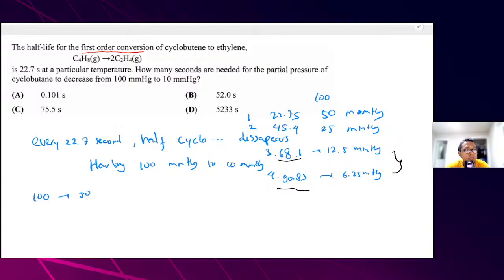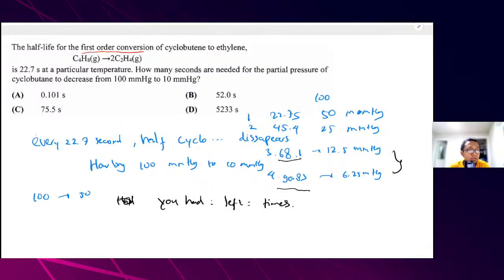The idea is how fast the reaction goes. Because this one is first order, we can use the standard idea: how much you had divided by how much is left, and how many times.